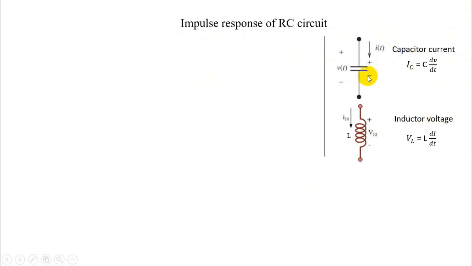If a capacitor carries a current i, and for that current a voltage is built in this fashion, plus and minus, then as we know, the point where the current goes in should be indicated by a plus sign for the voltage, and the terminal where the current goes out will be marked as negative.